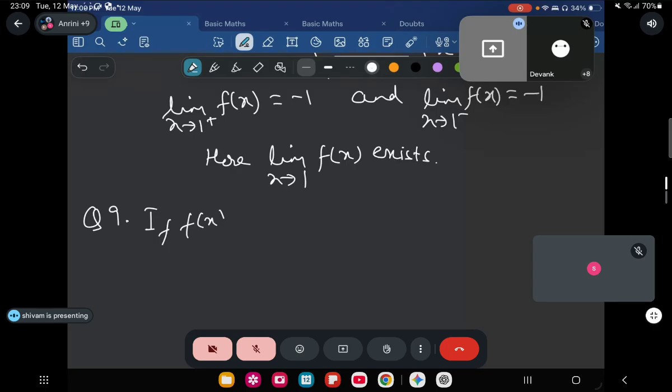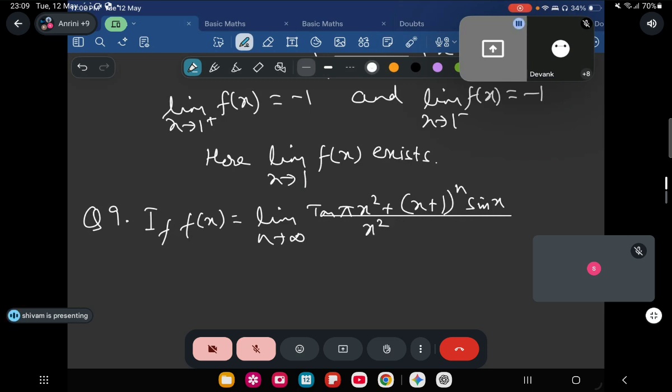If f of x equal to limit n tends to infinity of (tan pi x square plus x plus 1 whole to the power n) sin x upon (x square plus x plus 1 whole to the power n). Okay. Find limit x tends to 0 f of x. Solve.